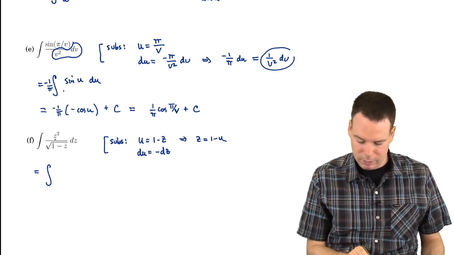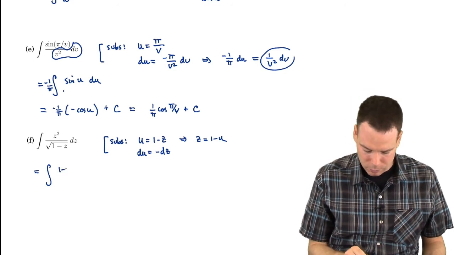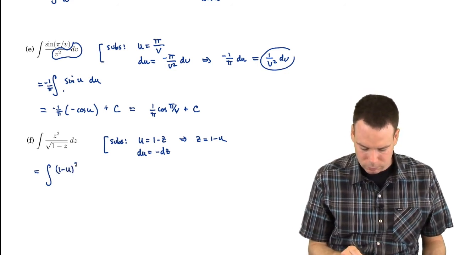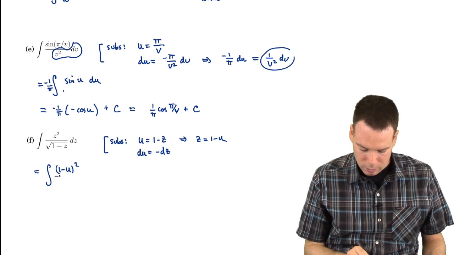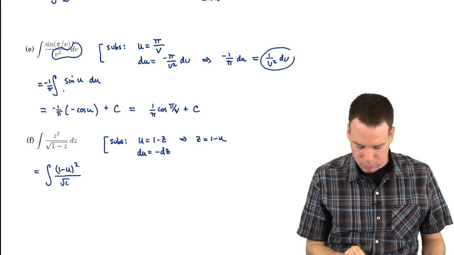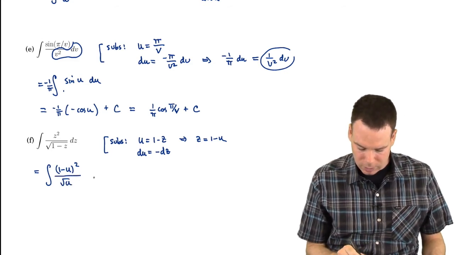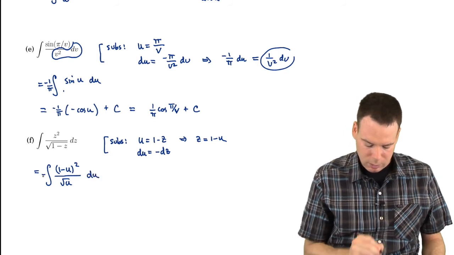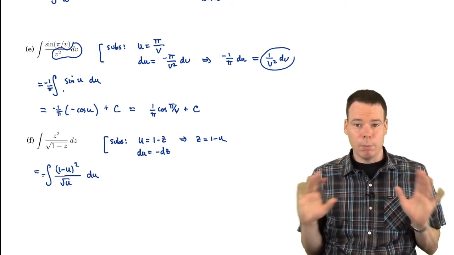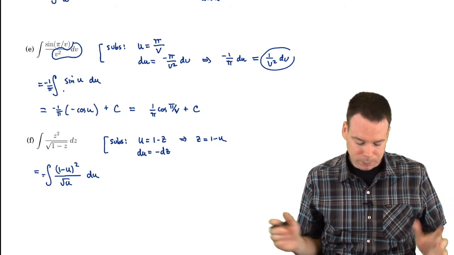So where I see the z, I could replace it with 1 minus u. Square root of u. dz becomes negative du.